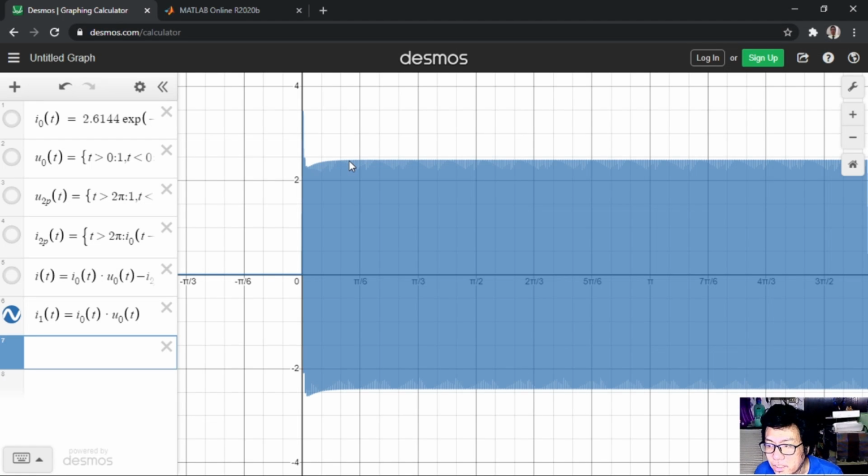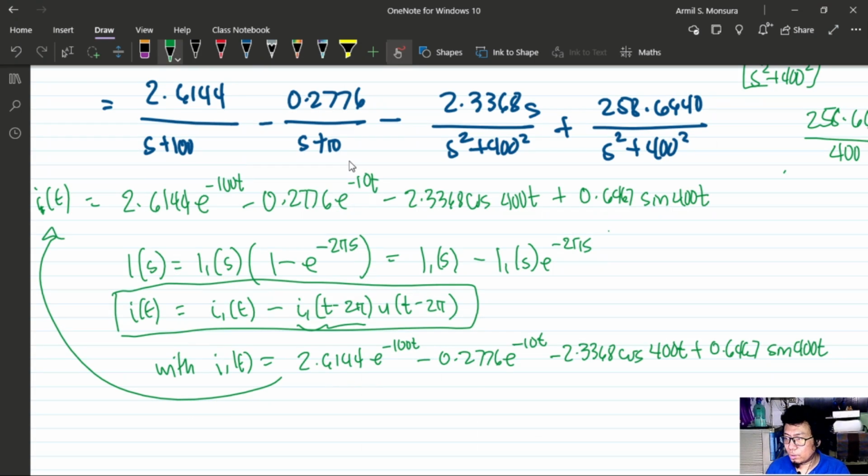That is because these two exponential terms would actually decay. Since these exponential terms have negative exponents, they would eventually become 0, as t goes high enough so that the exponent of e here becomes essentially 0.